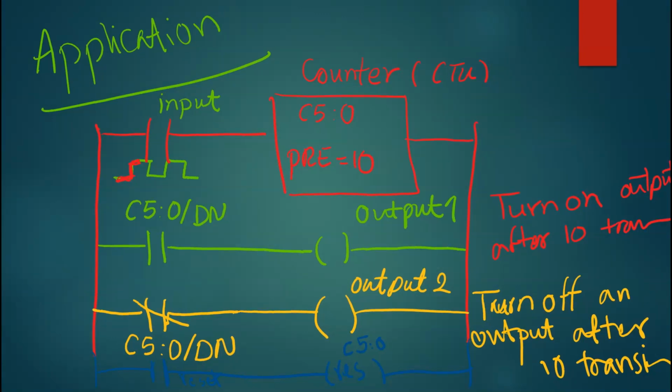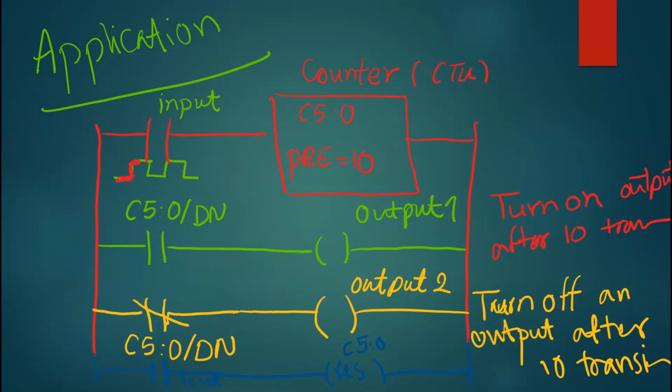Okay, so this is our first application. Let's review what happens here. Then I'll go to the second application. I want to tell you what is the difference between this first application and the second one that I'm going to discuss in a minute. In the first application, my input field device, which is connected to this input instruction, is fed into my counter, is the input instruction of my counter.